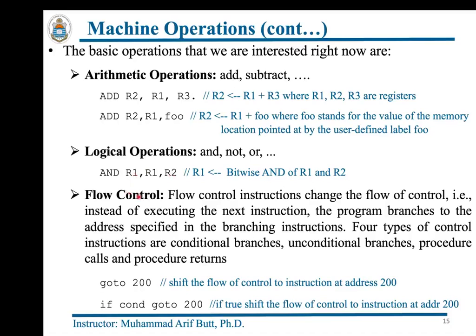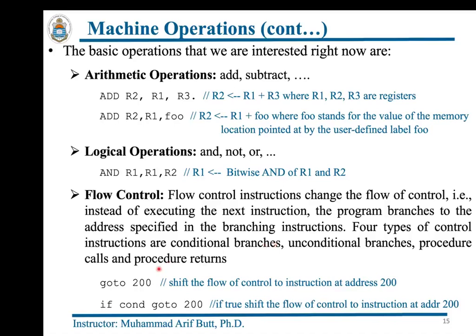Finally, flow control instructions change the flow of control. That is, instead of executing the next instruction, the program branches to the address specified in the branching instruction. And 4 types of control operations are conditional branches, unconditional branches, procedure calls, and procedure returns, as I have already mentioned in the previous slide. And of course, once again, we will talk about these in detail when we will be designing the assembly language for our hack computer.